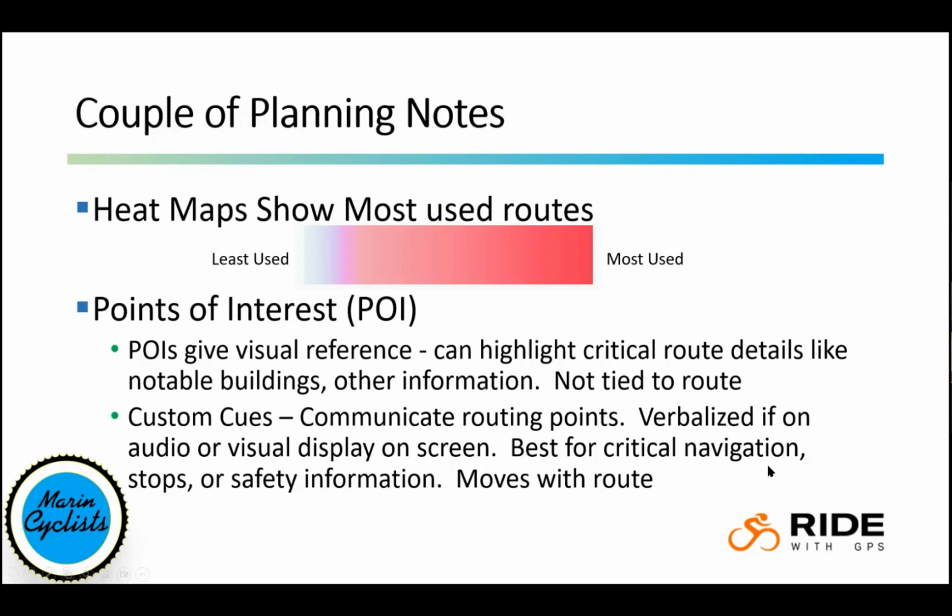This is best for critical navigation, like if it's a roundabout and you want to make sure that they go off onto the third exit, then it would be very helpful. And then that actually moves with the route. So if you redesign the route, that cue is going to stay with it.